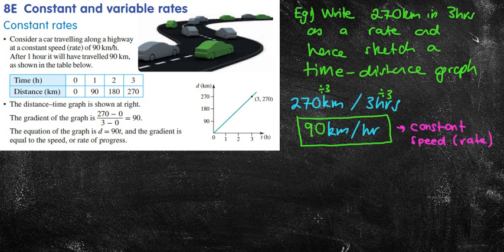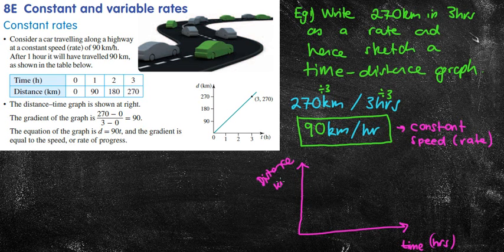All right, so how do we draw this into a time distance graph or a distance time graph? Last year you looked at linear algebra, where you drew up an x and a y axis, often using a table of values, and then you plotted coordinates, and then you might have discussed things about the gradient. For this question, you could draw up a time distance graph if you wish, remembering that we always like to have time on the x-axis, and this time is in hours, and we often like to have the distance on the y-axis.